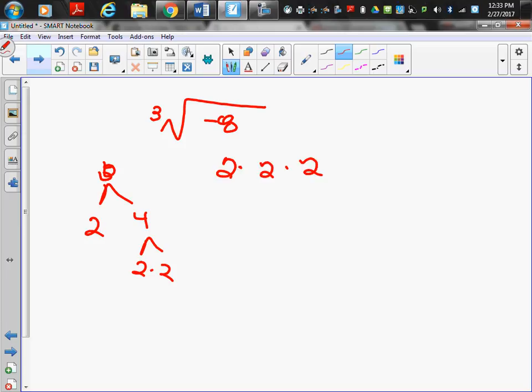But I want it to be negative. So what's negative 2 times negative 2? Positive 4. Positive 4 times negative 2 is negative 8. You have to be doing a cubed root for right now. We will get later to taking non-cubed roots of negative numbers. Why? Because that becomes imaginary numbers.